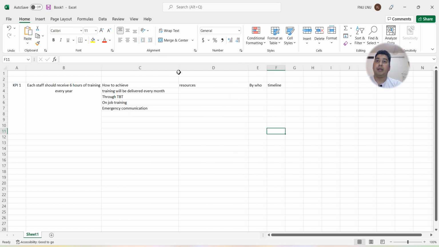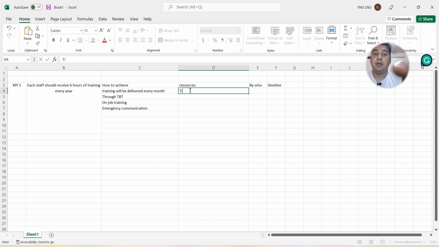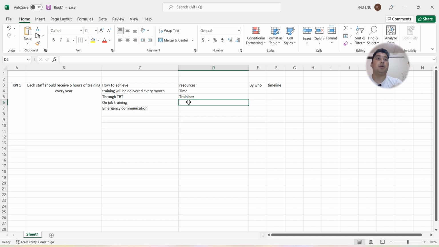Now, it's saying resources. What are the resources you need? You need the time. So time also is a resource that you need from the worker. After that, what you need? You need the trainer. Maybe you need the training material.